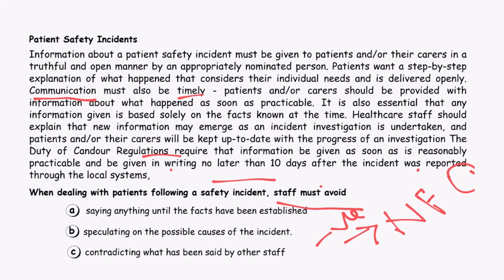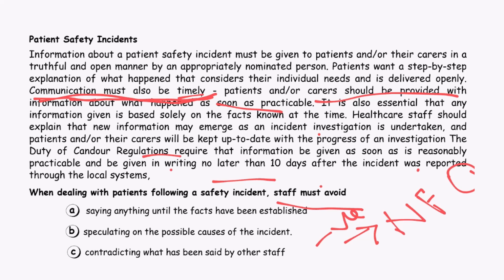So let's first start. Staff must avoid saying anything until the facts have been established, which means staff should not reveal anything. Okay. So if you see in the passage, they have mentioned communication must be timely, right? So I highlighted now. Communication must be timely and carers should be provided with the information about what happened as soon as practicable, which means we should not deliver the information late, and we have to convey all information on time.